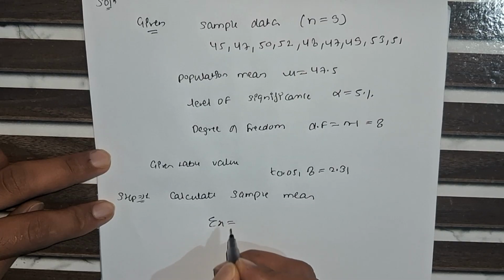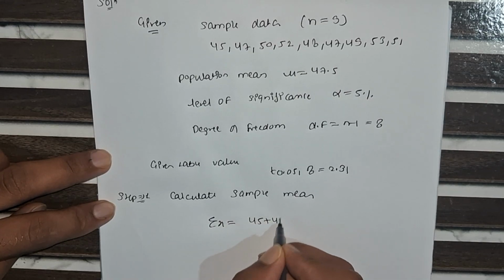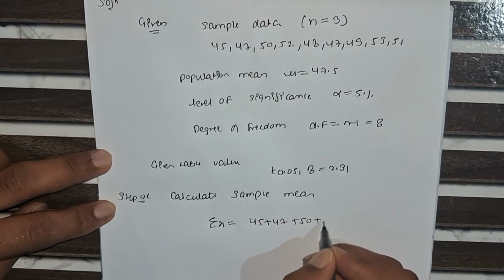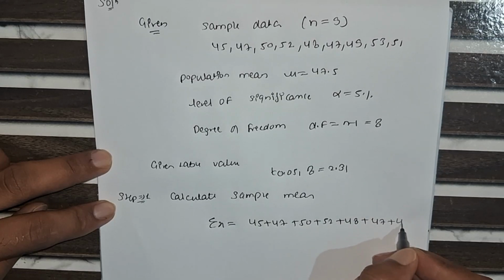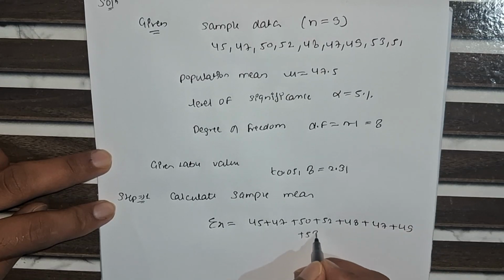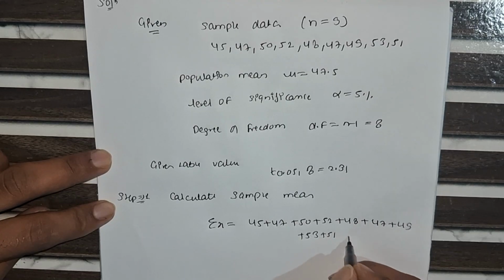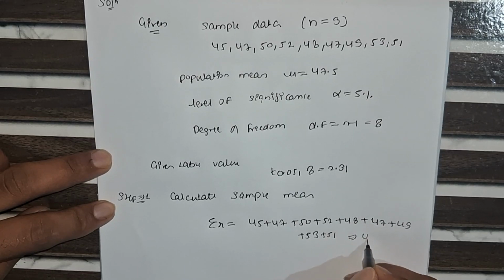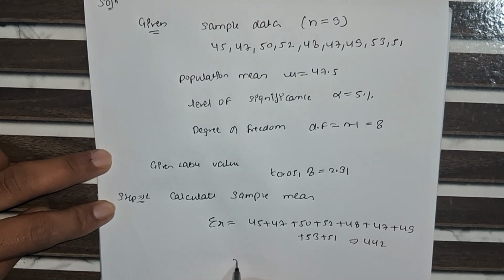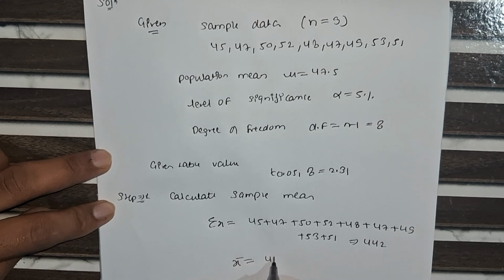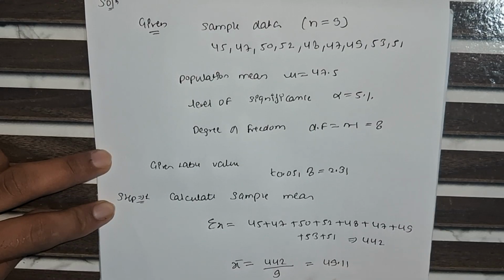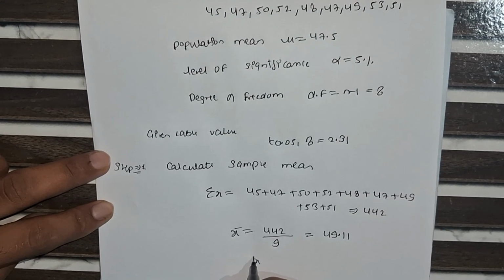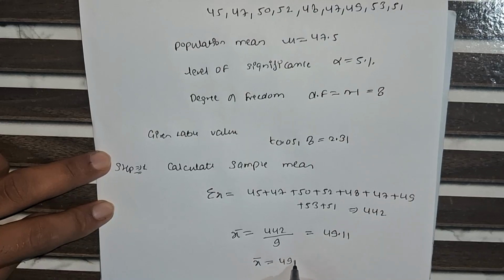Summation of x is nothing but 45 plus 47 plus 50 plus 52 plus 48 plus 47 plus 49 plus 53 plus 51, which equals 442. Now what is the mean? X bar equals 442 divided by n, where n equals 9. So it becomes 49.11. This is our sample mean, which equals 49.11.